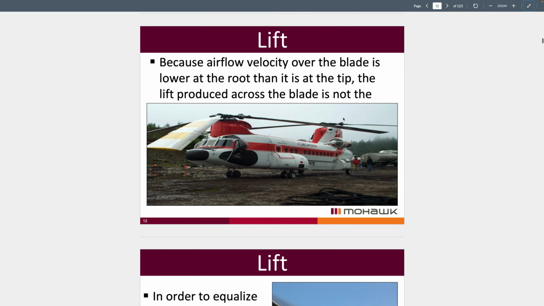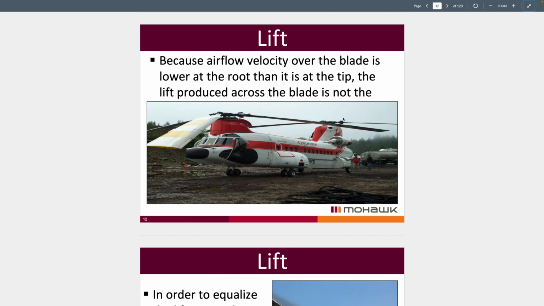We know that because of the difference in velocity of the airflow from the root, or what I would call the hub, to the tip of the blade, the outermost part of the blade does not provide the same amount of lift as the more interior parts of the blade that are closer to the hub.